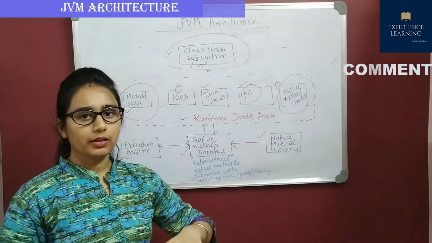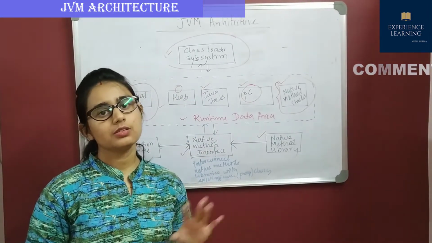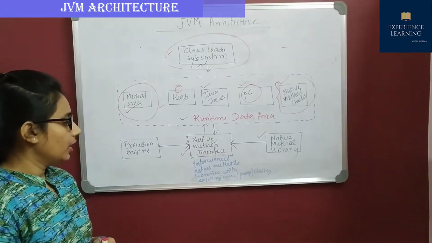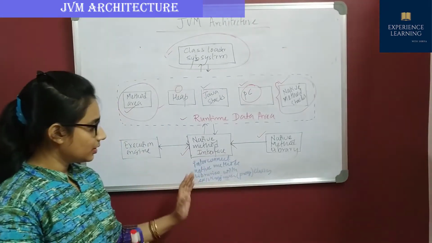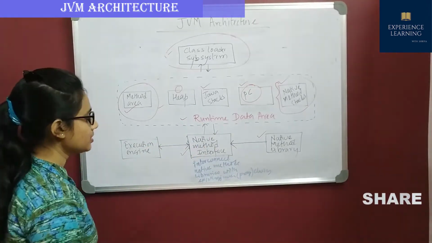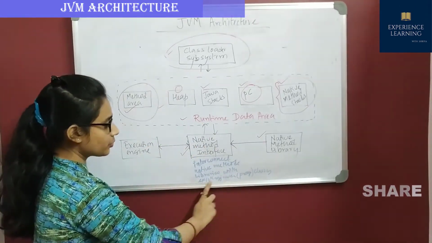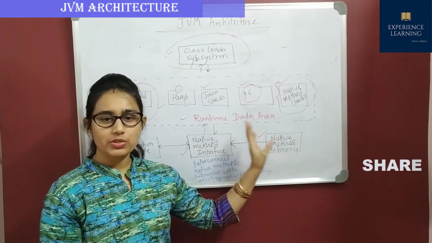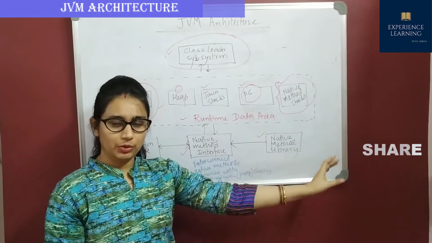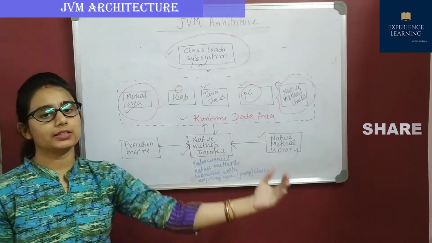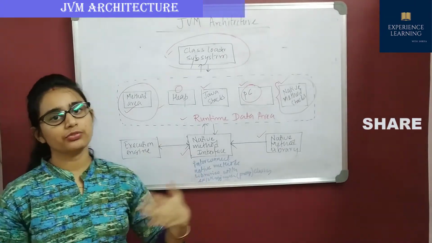The underlying everything is written in C and C++. So the native method interface interconnects and provides the interface for the libraries with the existing Java. The libraries written in native code, I mean in C and C++, actually interconnect through it. It provides the interface.